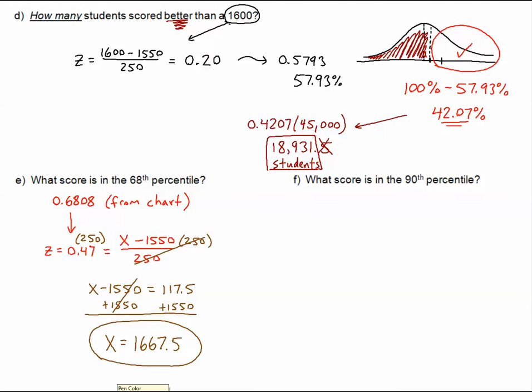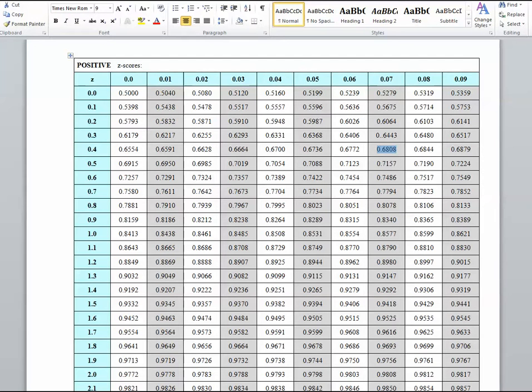Let's do one more. What score is in the 90th percentile? Okay, the 90th percentile, we have to go back to our table, and let's see if we can go find what's closest to 90. And I'm looking, I see 90, 90, there's 90, there's, okay, I found the two that are surrounding the 90. I've got 0.8997, that is very close, and 0.9015.